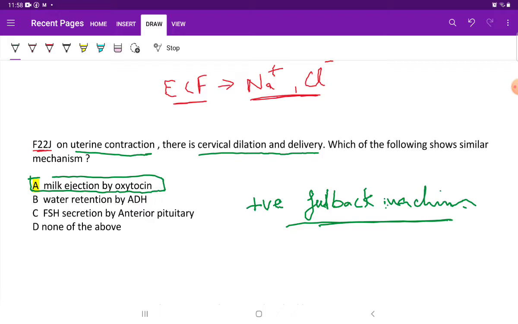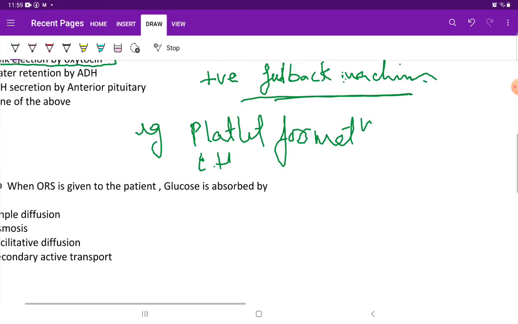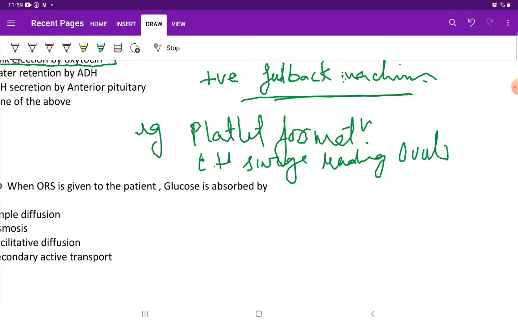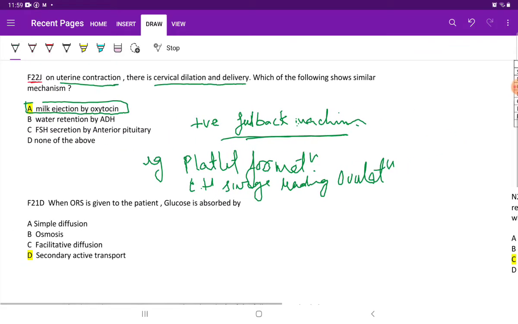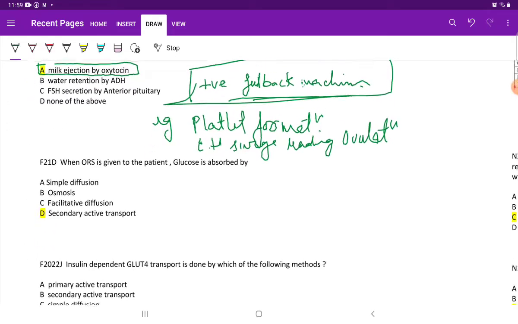Some other examples of positive feedback mechanisms are platelet formation, and likewise the LH surge leading to ovulation. So we have to keep these in mind. It was a question based on positive feedback mechanism, a topic you have to keep in mind while preparing.